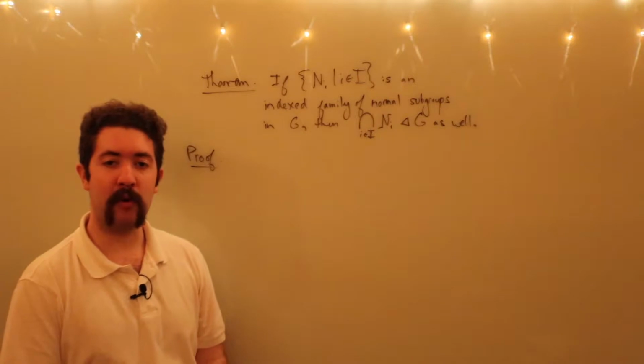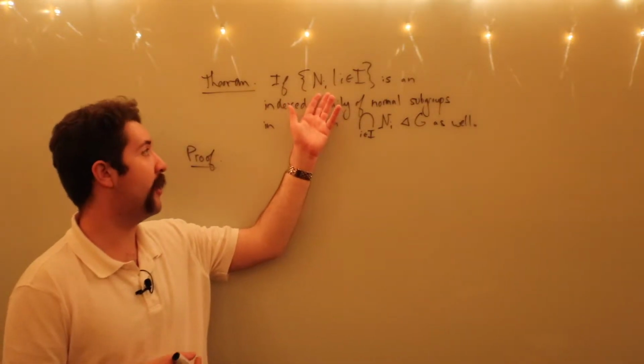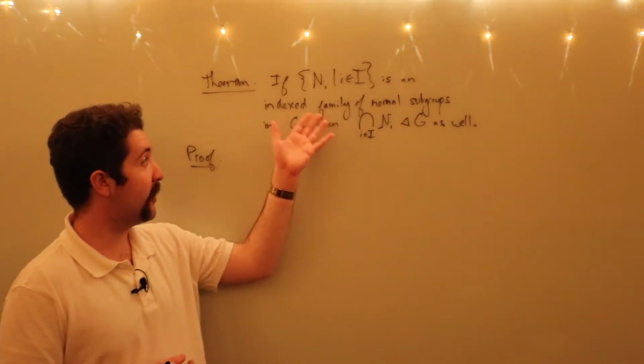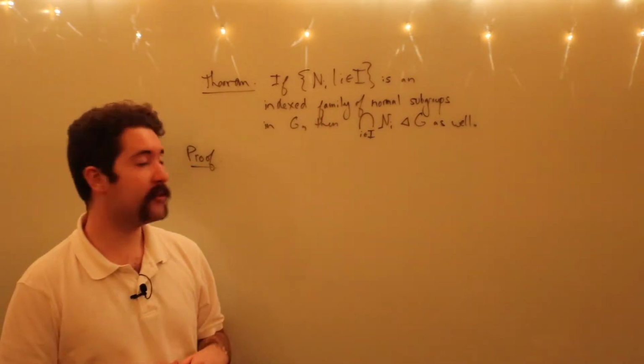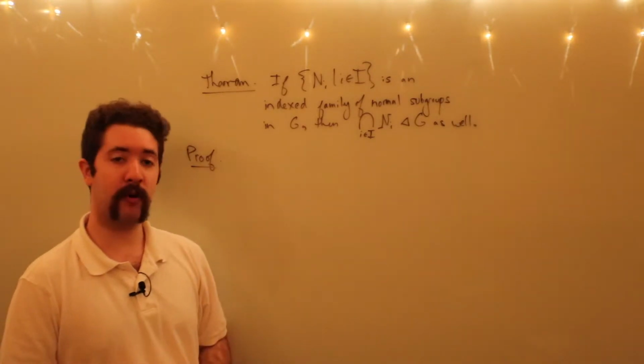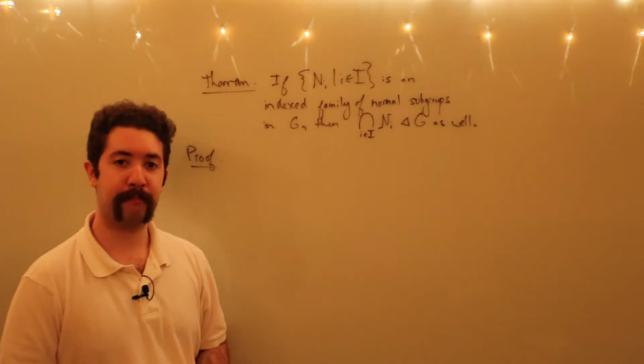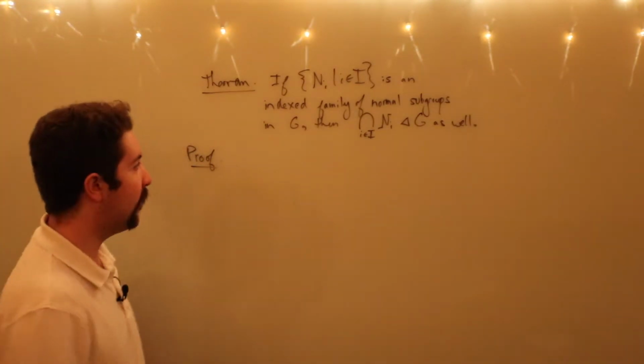All right, next theorem. We're transitioning to use N as normal subgroup now. If N sub i is an indexed family of normal subgroups, so a collection of them in the group G, then the intersection of all those normal subgroups is also a normal subgroup in G. Well, the proof here is pretty simple as well.